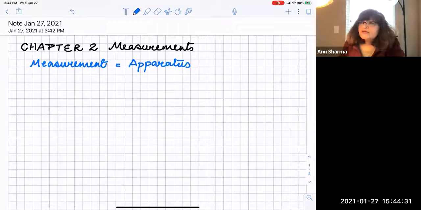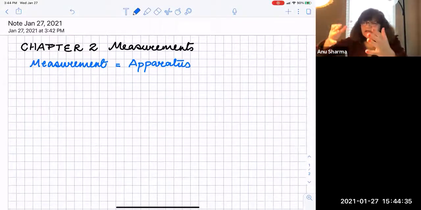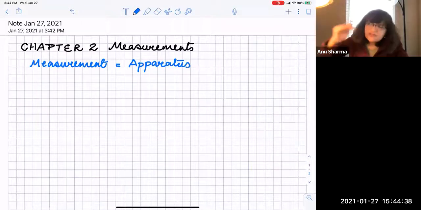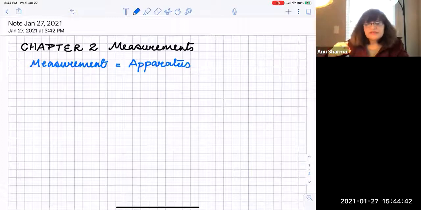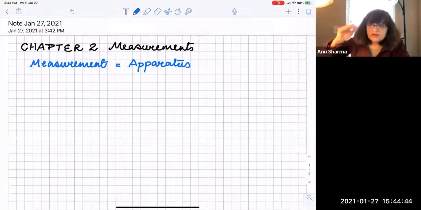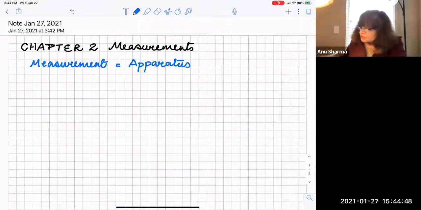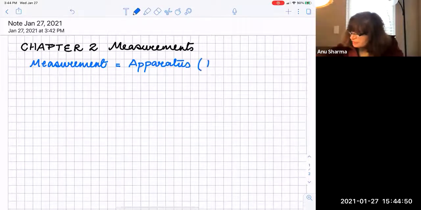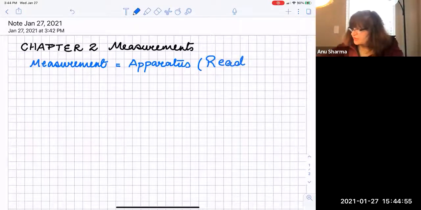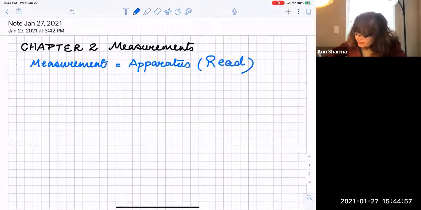Or it could be a container in which you read how much water or liquid is present, with markings on it, like a measuring cup. So for measurements, you actually read the numbers. You take the reading. That's the measurement.